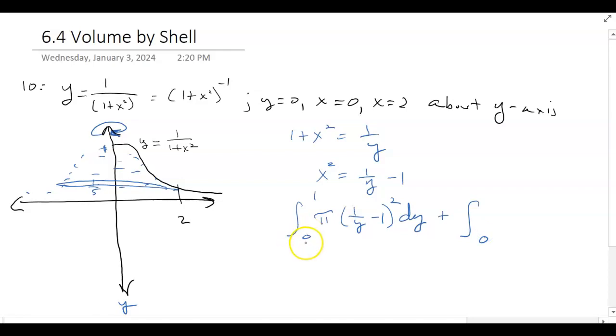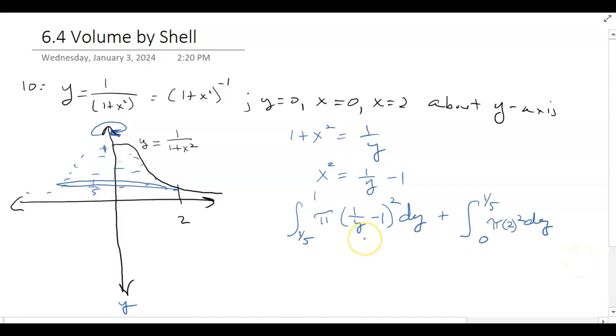Apologize for that. This is actually 1/5. From 0 to 1/5 of pi times 2 squared.